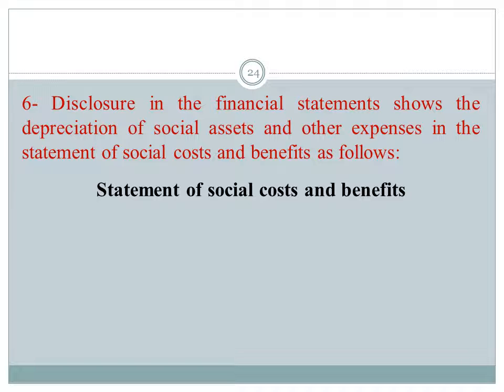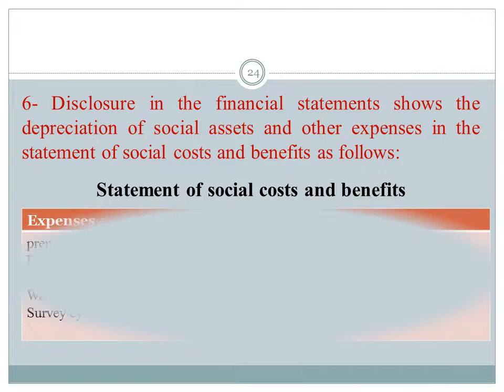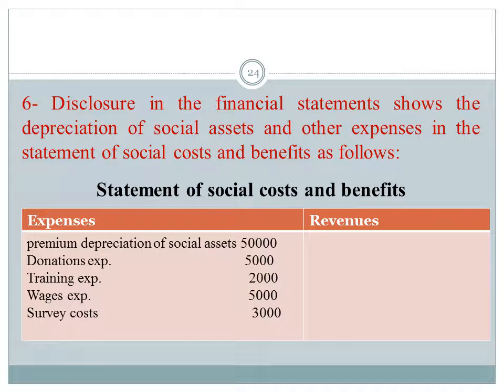expenses and revenue. Expenses, all of the expenses in our example will be in the statement of social costs and benefits under expenses. Premium depreciation of social assets, donation expenses, training expenses, wages expenses, survey costs.